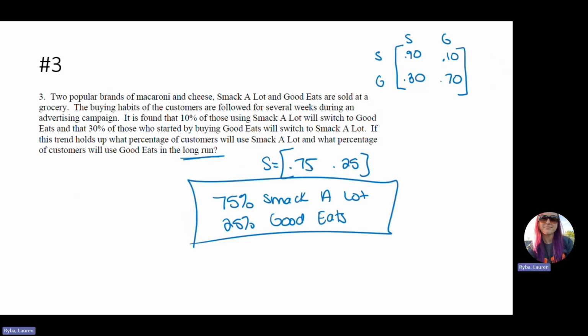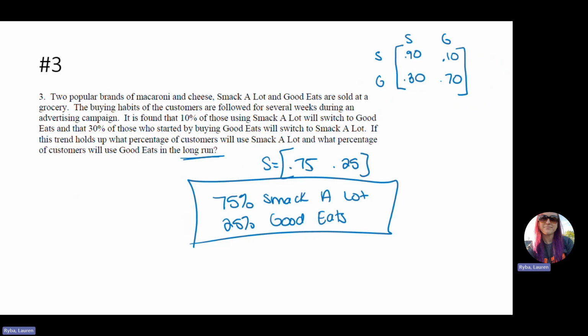Now, why does this matter? Well, if you are Smack-A-Lot, you're going to be decently happy with these outcomes, right? If you're following habits and you see that in the end, you have a higher customer base, that's good for you. You're going to keep doing what you're doing. It works.